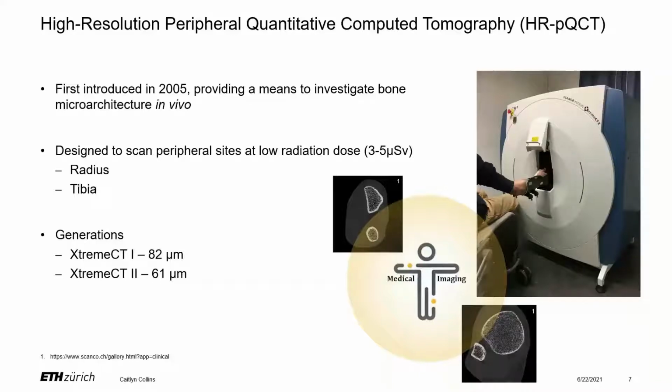There have been 2 generations of Xtreme CT developed. The first achieved a resolution of 82 microns, and the second, which is becoming more and more prevalent, has a resolution of 61 microns. Although this gives us high resolution, it still maintains a relatively low radiation dose, meaning that it's not particularly invasive to patients.